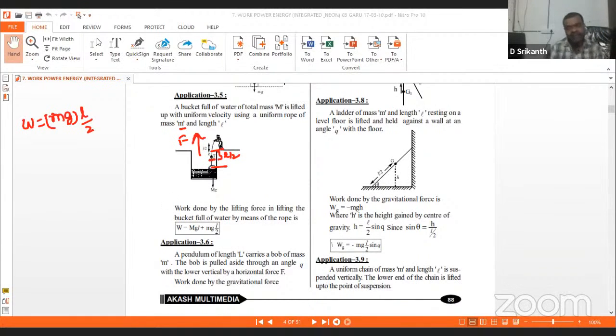Center of mass means the position at which all the particles in the given object are concentrated. Say for example, in my pen, I can balance the pen at the center.